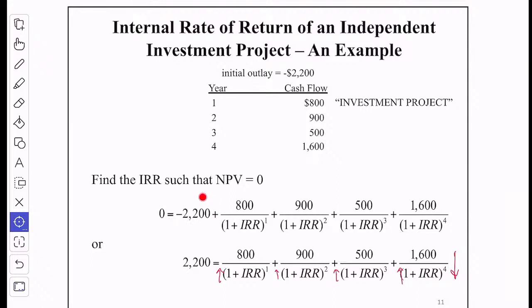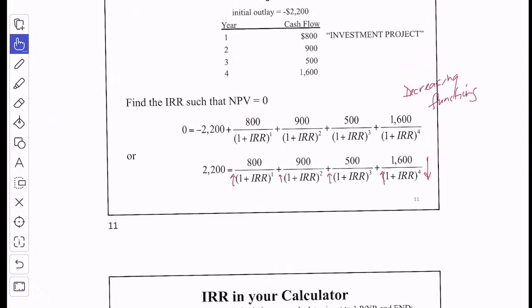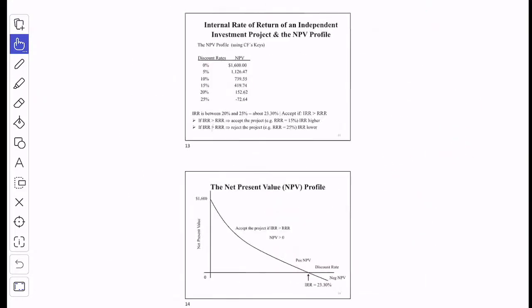Because there's no IRR here to talk about. So it's a decreasing function. And it turns out that because these are all positives and this one is negative, it's going to be a monotonic function. It's just in one direction. So it ends up looking like this.